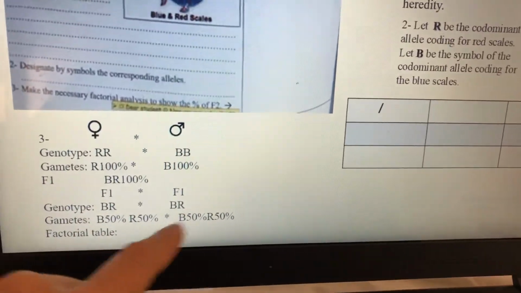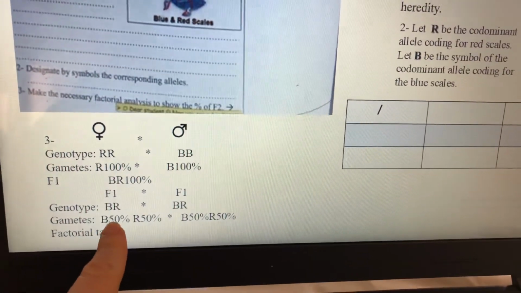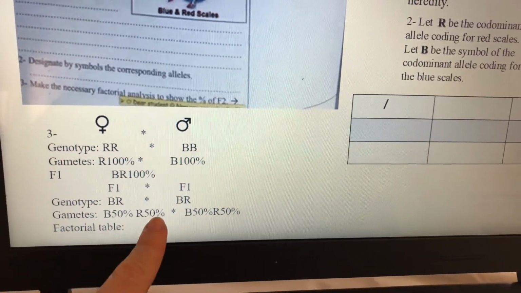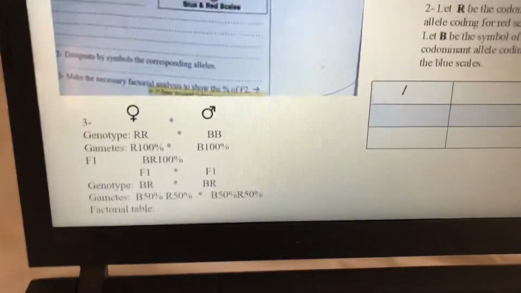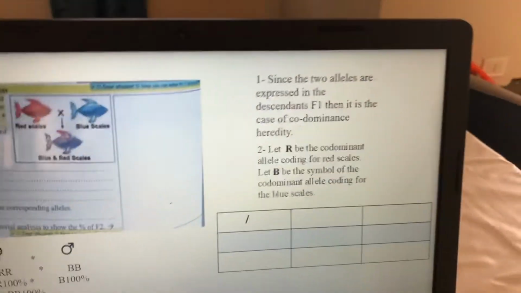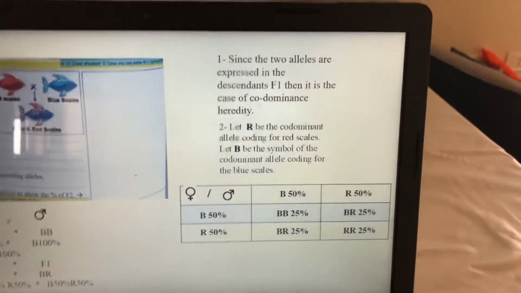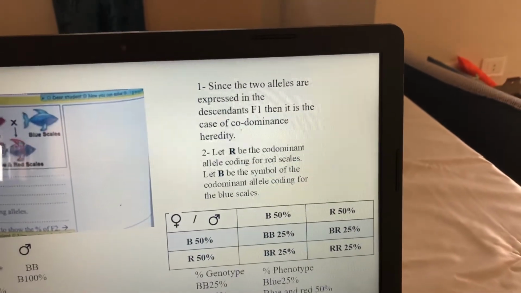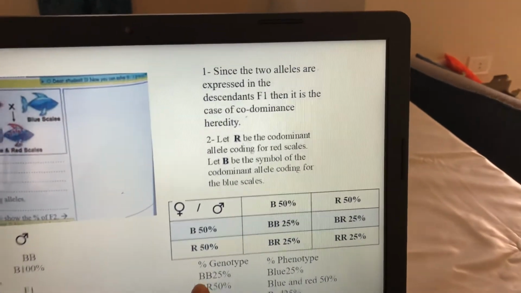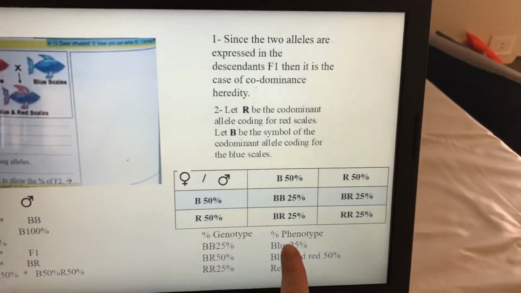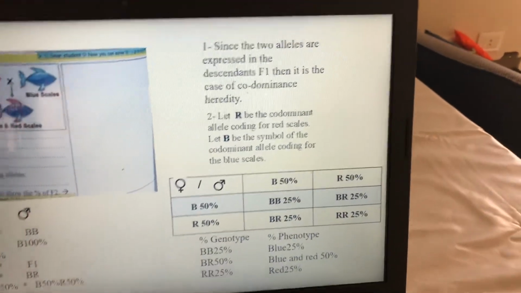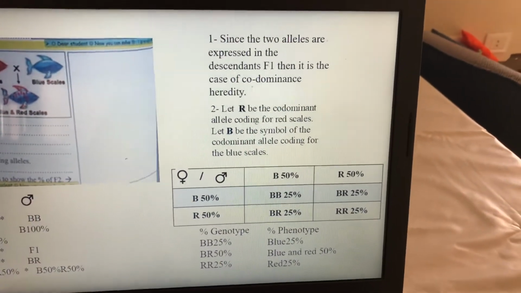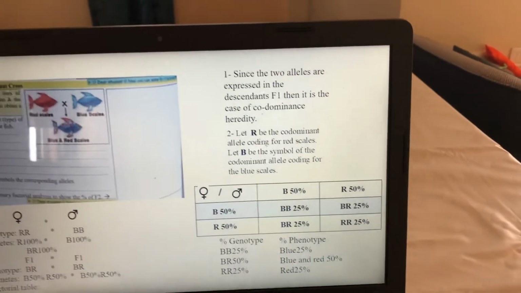Crossing BR with BR, you will get gametes 50% B, 50% R. Of course, you write the B before the R because of the alphabet. And the table, as usual, you will get genotype BB, which is phenotypically blue 25%. BR, blue and red, is 50%. And RR, which is red 25%.